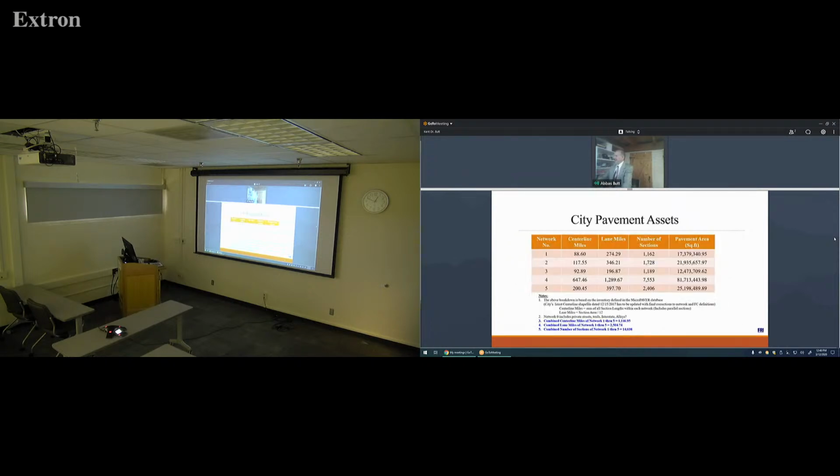If I look at the overall network, network 1 has total lane miles of about 274, the total number of so-called uniform sections about 1,162, and in terms of area about 17 million square feet.